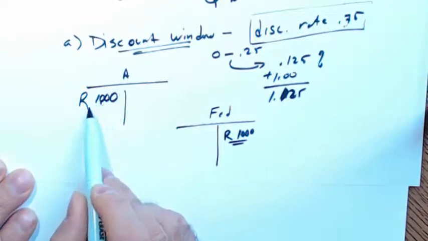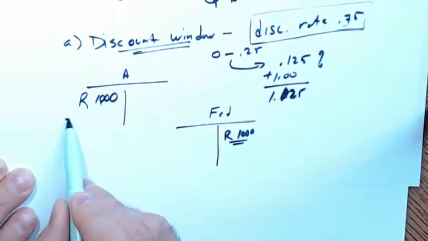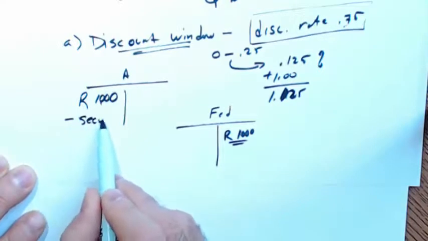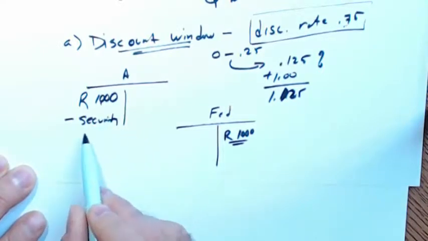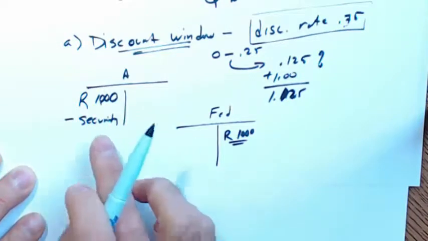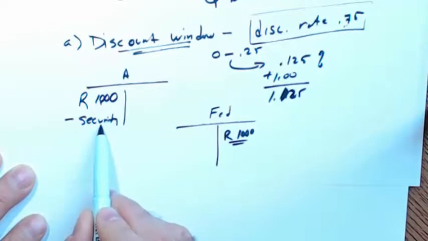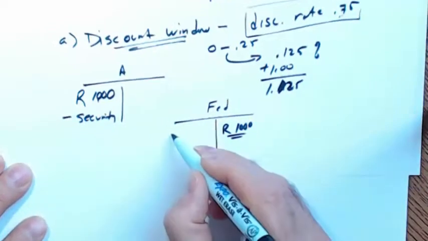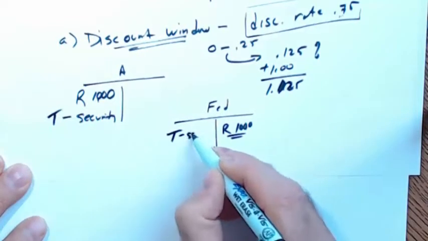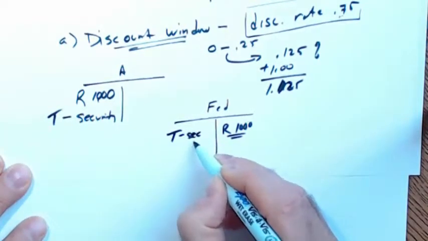In order to get these reserves, this bank would have had to use some type of security that it owned. So it could have owned a treasury bill or a treasury bond, and that treasury security went to the Fed. So now the Fed has that treasury security for $1,000.